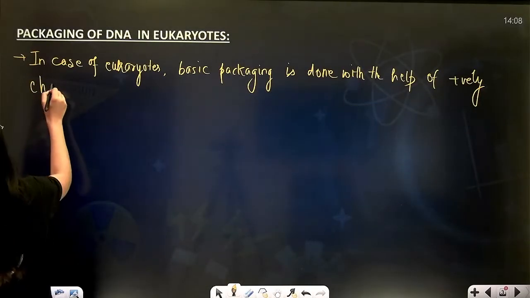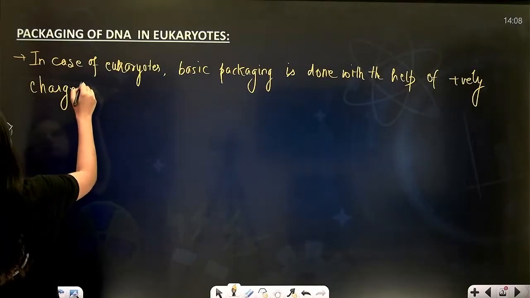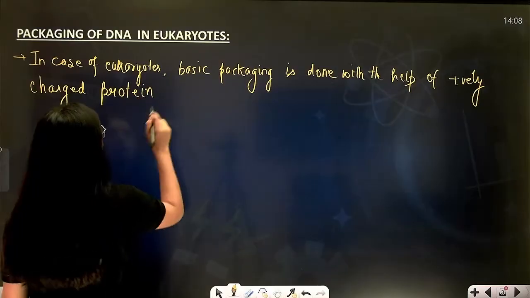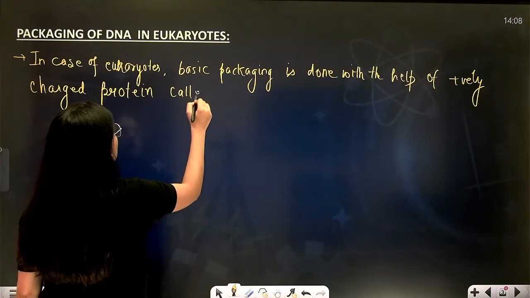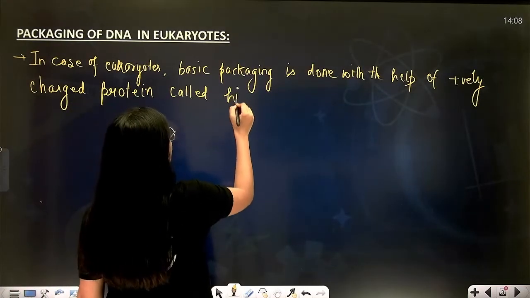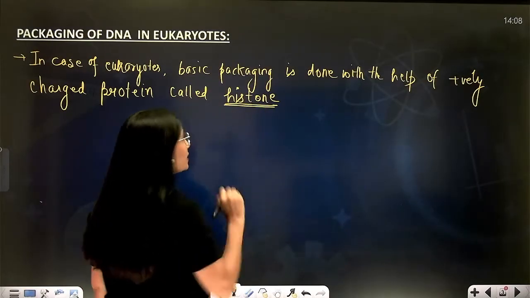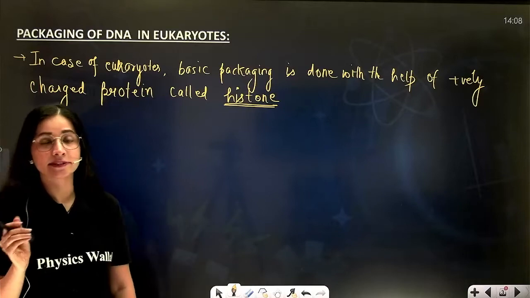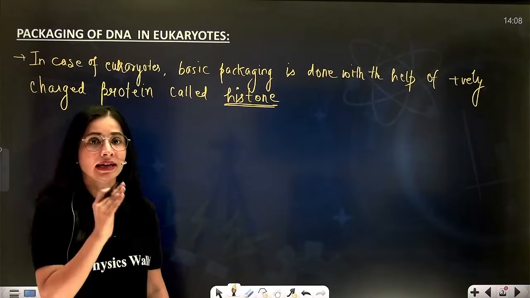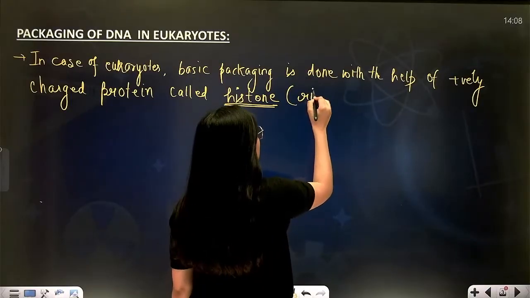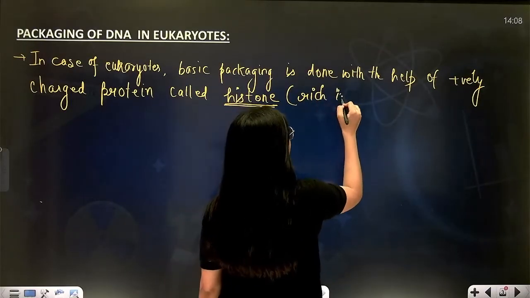positively charged protein called histone protein. Right? Now these histones are the proteins which are rich in two amino acids, lysine and arginine.